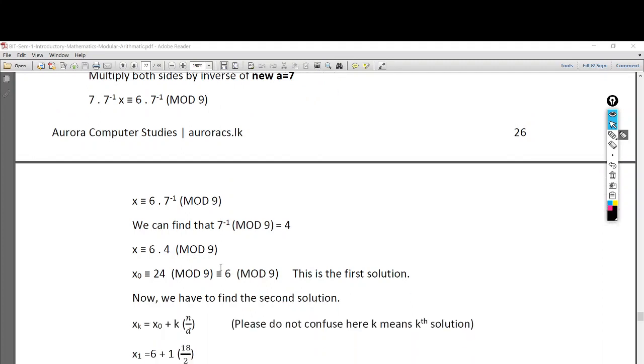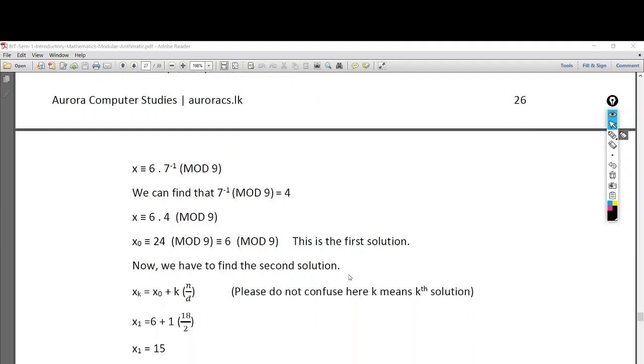So this is the formula that we are going to use: x_k equals x naught plus k times n divided by d. We have already found x naught, and we know what n is, that is the mod, but here you have to use the original mod. That is something you have to remember.